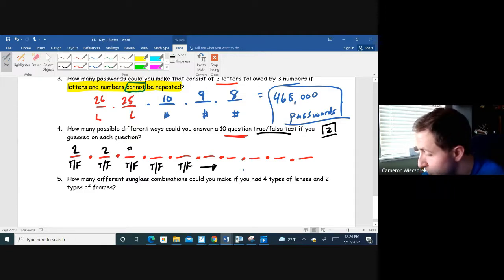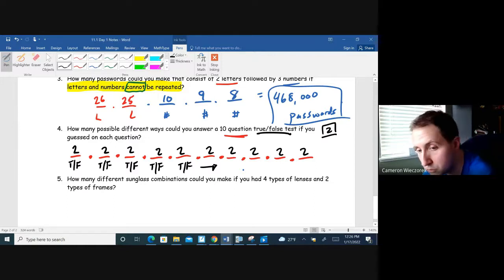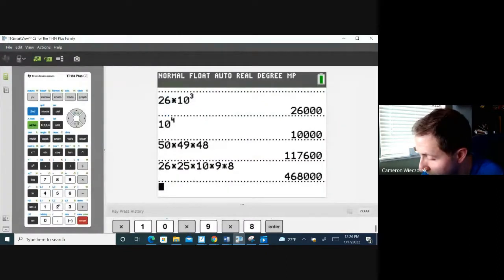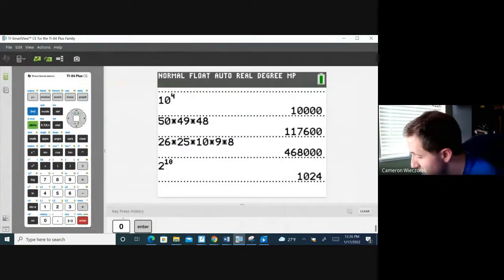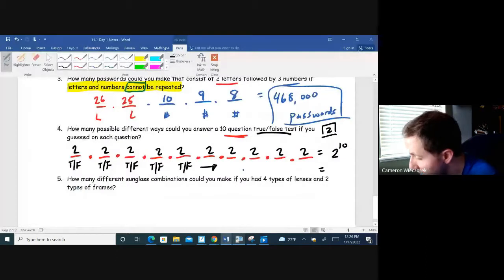It's just going to be the number 2. You're guessing on every question, so there's only 2 options to pick from for all these blanks. You could type in 2 times 2 times 2 times 2 10 times, but that's just 2 to the power of 10. So that's how I'm going to type it into the calculator. So there are 1,024 ways that you could answer that test.